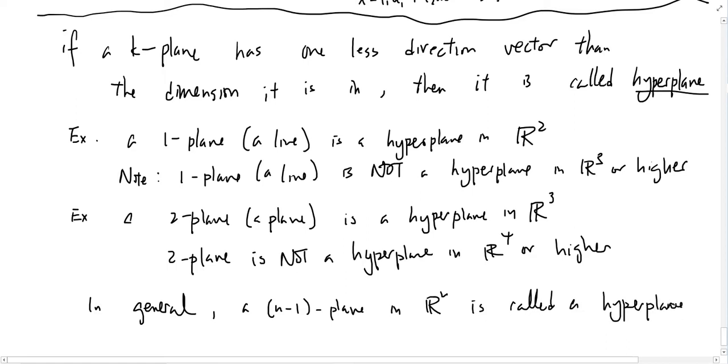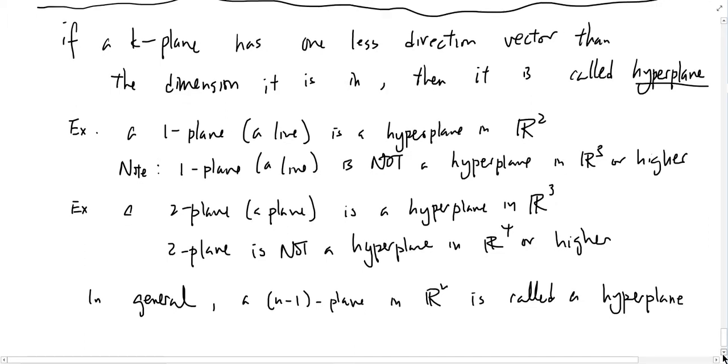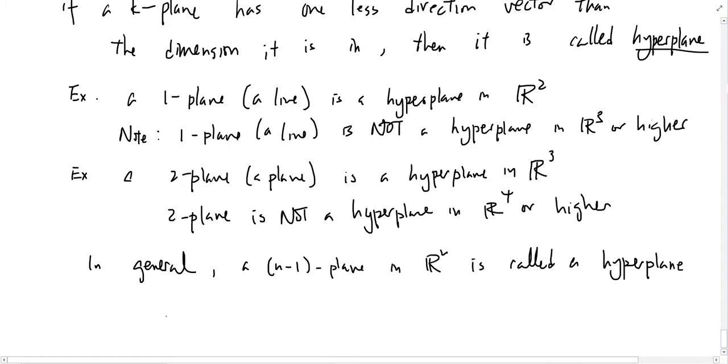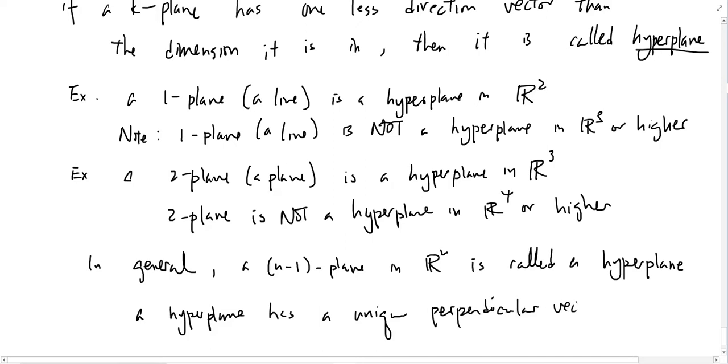Now, some of you might notice that the relationship between the K-plane and the dimension it is in is always one less. So what's special about a hyperplane? A hyperplane has a unique perpendicular vector in the dimension that it's in.